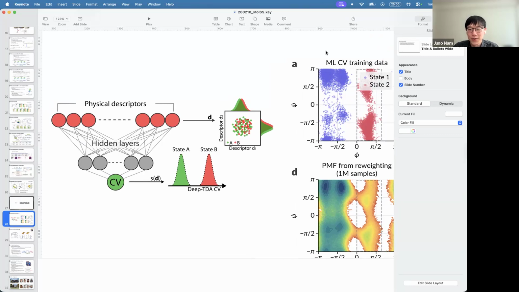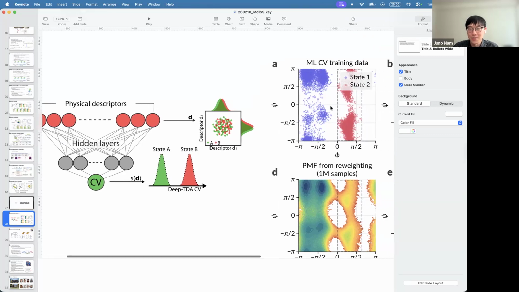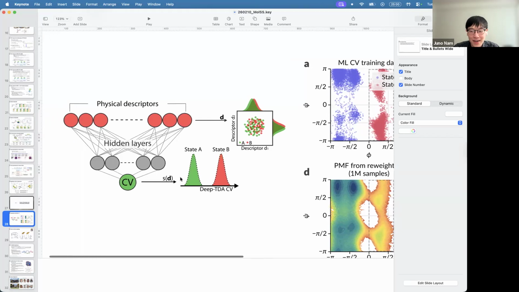And if we have some transition samples, then we can add that as an additional Gaussian for the transition state ensemble. Those are different approaches, but I think Deep TDA was pretty robust, at least for toy benchmark systems.